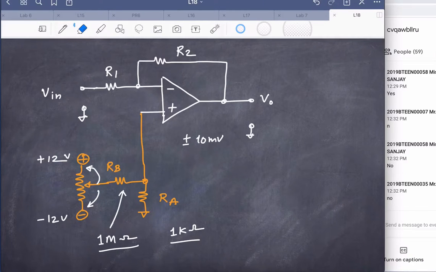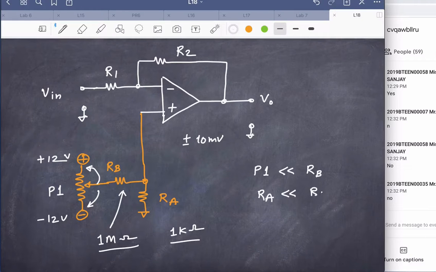The only thing that we have to consider while designing this circuit is that suppose the potentiometer is P1, so value of P1 should be less than RB, and RA should be very small as compared with RB.